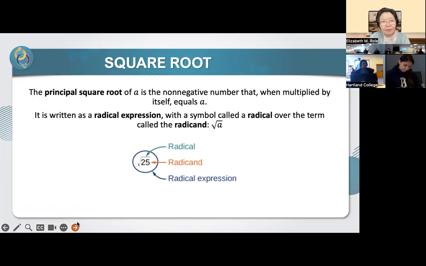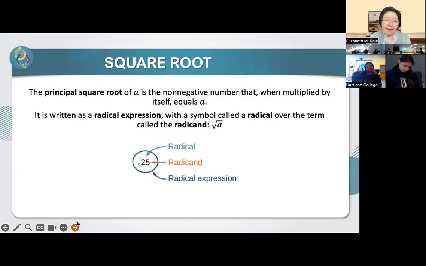If you're familiar with the Pythagorean theorem, which says the sum of the squares of the two sides of the right triangle is equal to the square of the hypotenuse, all right, I hope you remember that. And because there are squares, to get the length of one side or the length of the hypotenuse, we will be making use of square root. So this is just reminding us of how square root is evaluated.